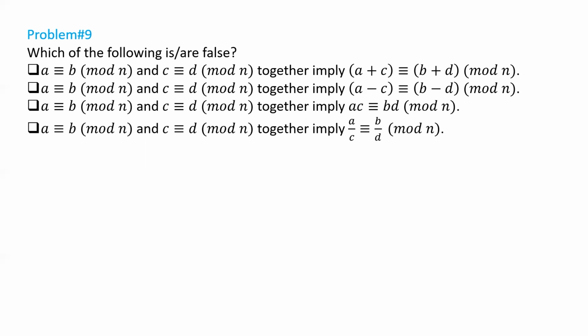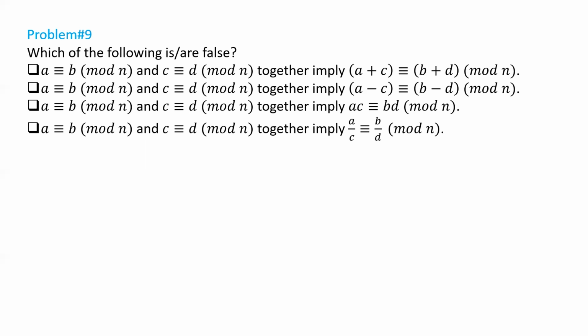So subtraction operation is defined on Zn. So when we talk about modulo n operations, if A and B are congruent to each other modulo n, and C and D are congruent to each other modulo n, then all these addition, subtraction, and multiplication operations are defined. So let us take an example.